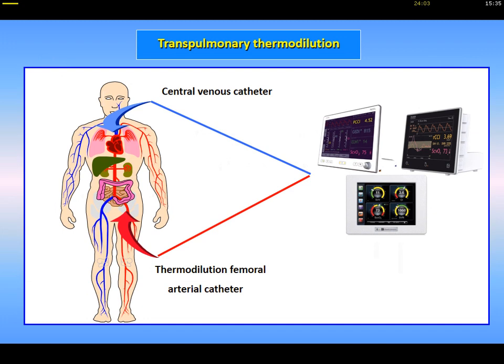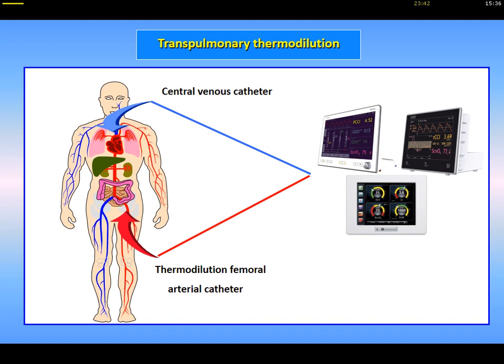So I will speak about transpulmonary thermodilation systems. And we have now some devices: the Pico and the VolumeView devices, and we have the PulsioFlex platform able to track the Pico signal. And you know that these systems are connected to the patient through two catheters.